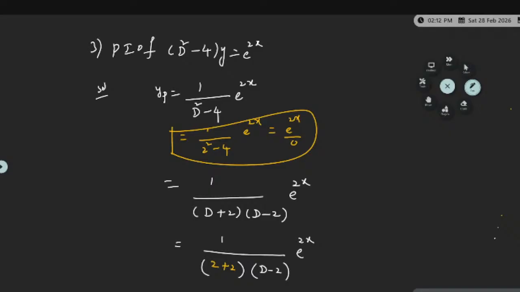If you substitute d equal to 2 in the first factor, it is giving a finite value. But is it possible to substitute d equal to 2 in the second factor? It will be 0. So don't disturb that factor, just hold it for some time. I am not disturbing the second factor.